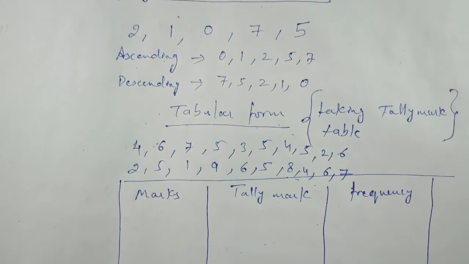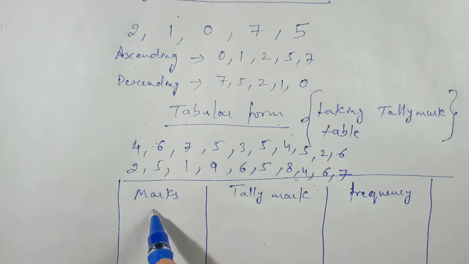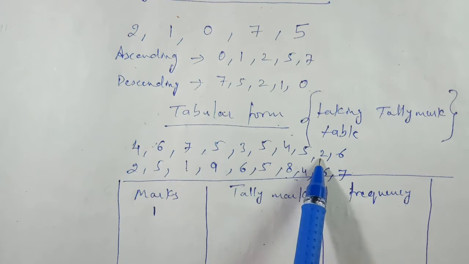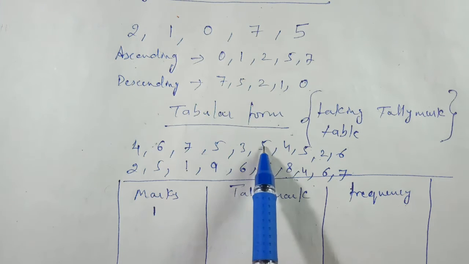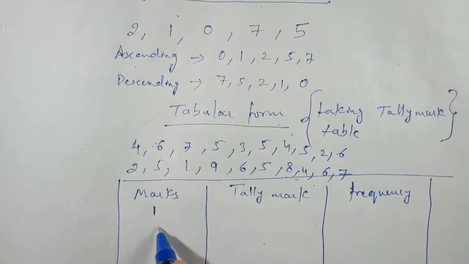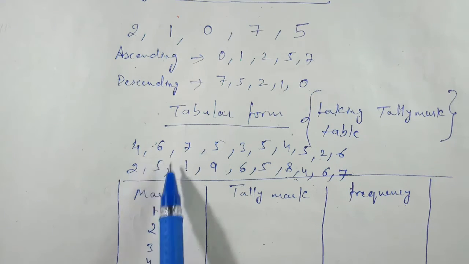Let us first identify the smallest number, which is 1. If you observe, the numbers go from 1 to 9: 1, 2, 3, 4, 5, 6, 7, 8, 9. Now let us check how many times these numbers are repeated.